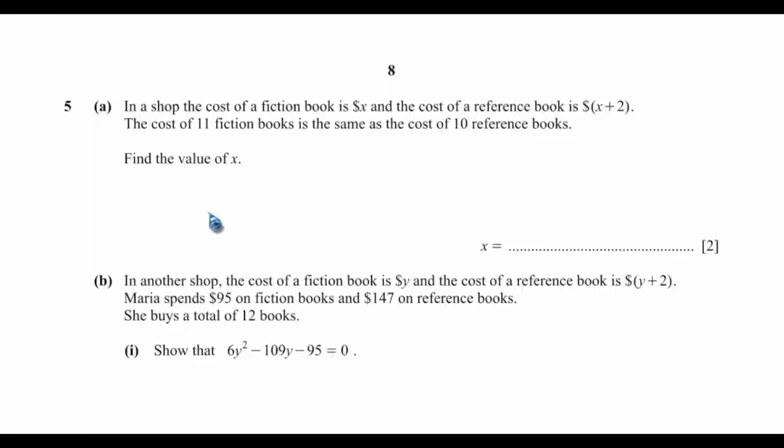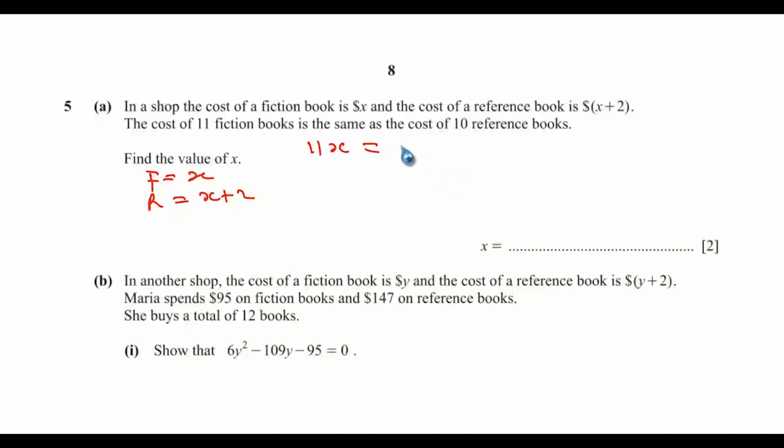Okay, so from the question, let's denote the fiction by F, and the price is X dollars, and let's denote the reference book by R, and the price is X plus $2. So from this statement, the cost of 11 fiction books, that means we're going to have 11X, is the same as the cost of 10 reference books.